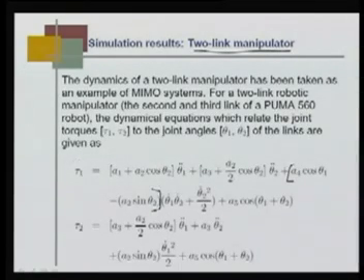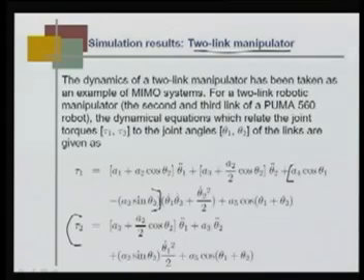So, the joint torque 1 is related to the joint velocities and accelerations, including the Coriolis force term theta 1 dot theta 2 dot plus theta 2 dot whole squared by 2, and the gravity term a 5 cos of theta 1 plus theta 2.